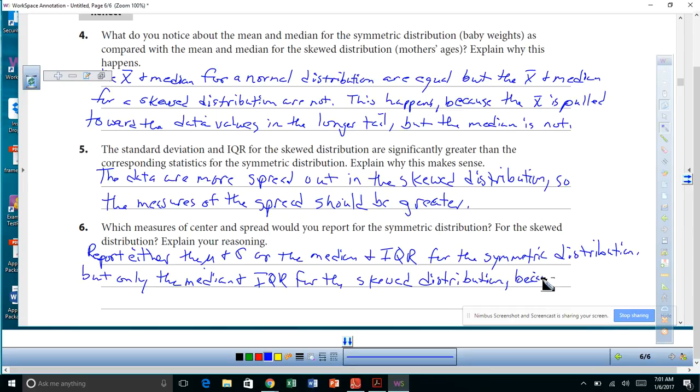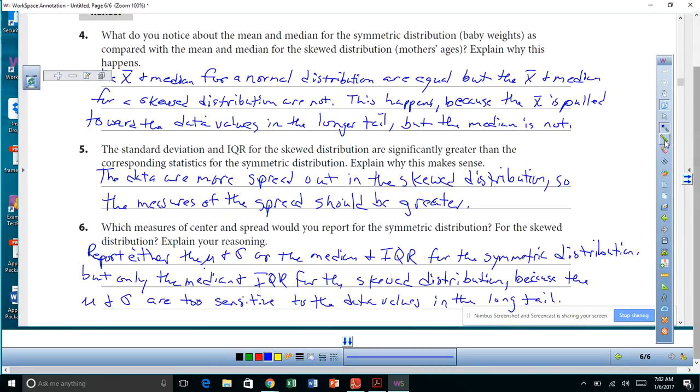Because the mean and standard deviation are too sensitive to the data values and the long tail. All right, great.